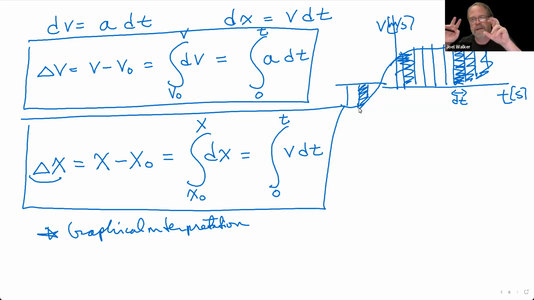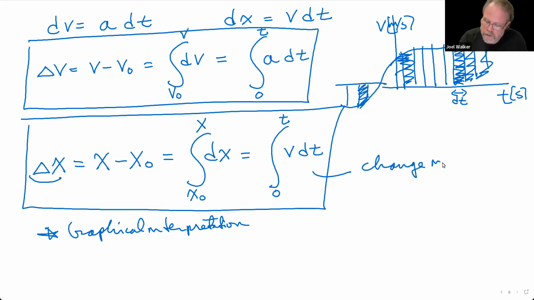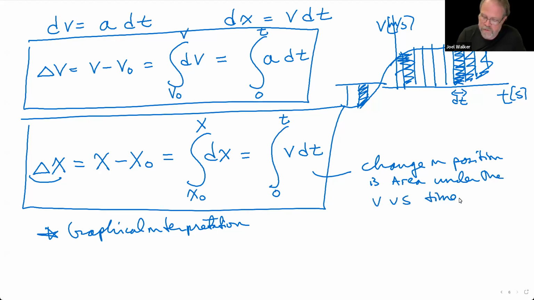It's a negative area. In that case, you traveled backwards. And if you have a negative velocity that you allow to act over some period of time, it moves you backwards. So this equation, written in English, says change in position is area under the velocity versus time plot.